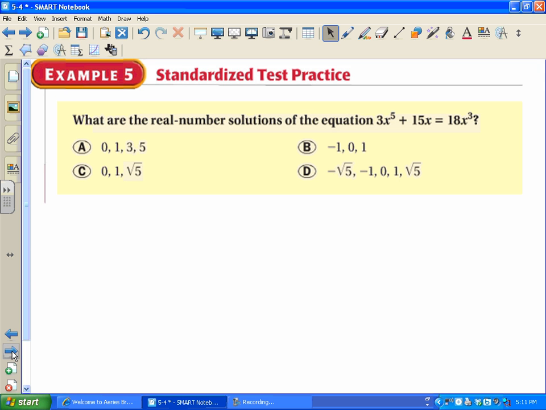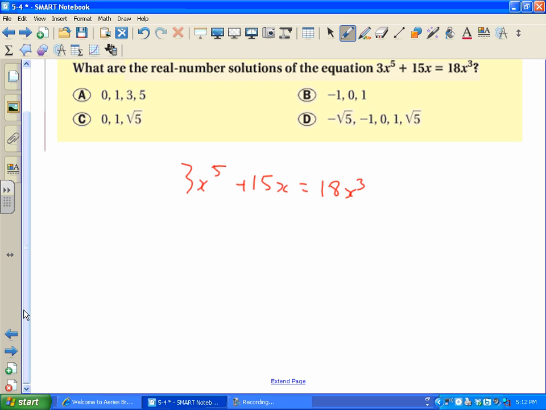Real number solutions. 3x to the fifth plus 15x equals 18x cubed. We've got to solve that. It's not that bad. It looks bad. It's not. Well, I'll tell you, for solving these equations, just like with quadratics, we've got to get one side equal to 0.